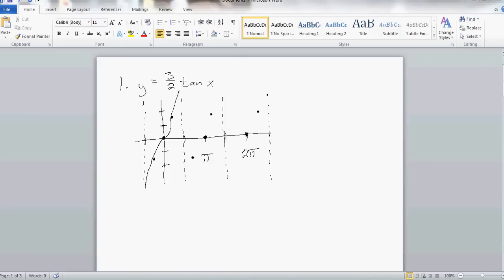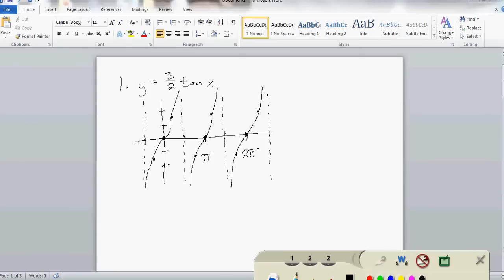And this isn't very smooth, but that's what happens when I try to draw on the computer. And it's going to look more or less something that looks like that. And notice if this one were drawn a little bit better. In fact, it needs to be drawn just a little bit better.